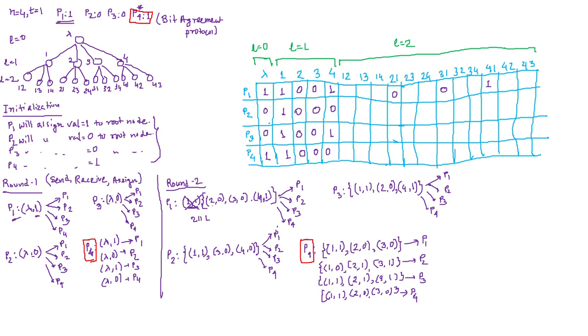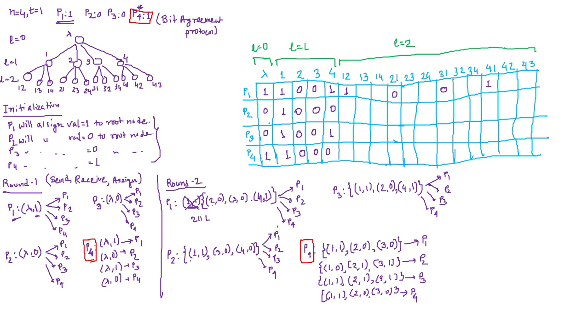Next, what does P1 receive from P2? P1 receives 1, 1, 3, 0 and 4, 0 from P2. That implies that value 1 will be assigned to the node with label 1 concatenated with 2, so node 1, 2 will receive the value 1.